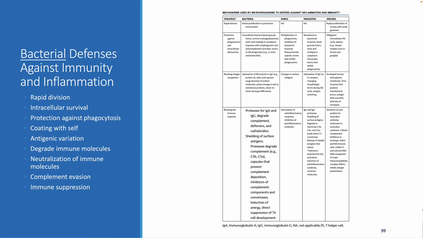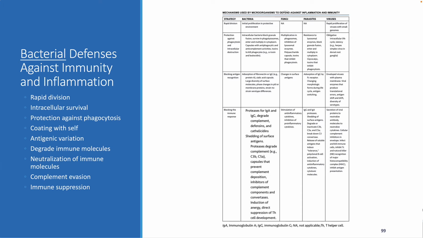Now, remember we talked, I sort of alluded to it earlier, that the bacteria are getting pretty good at dealing with our mischief as well. So we're getting better at treating infections, but they're getting better at resisting infections.